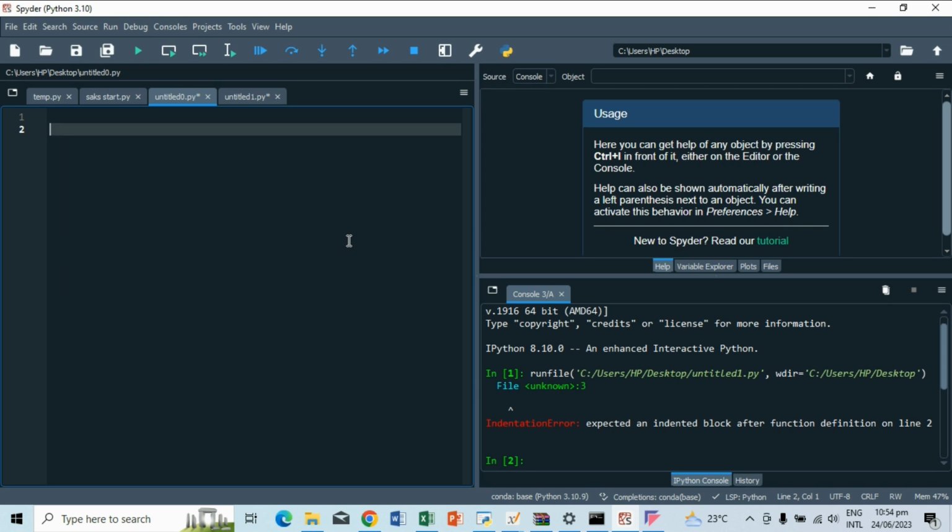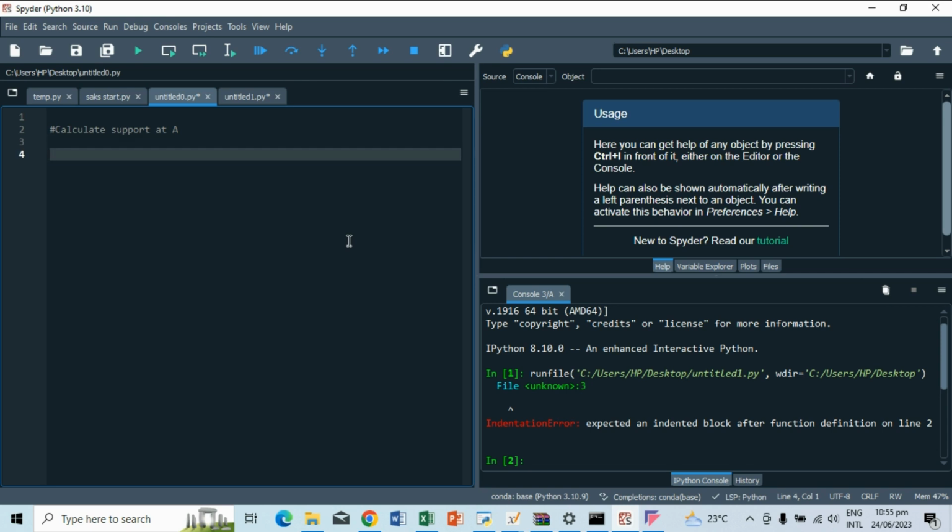So let's comment that out. So hash, calculate support reaction at A.